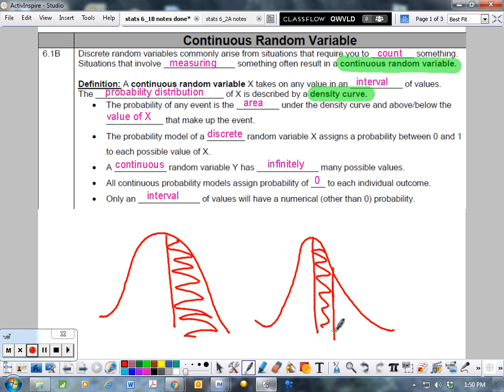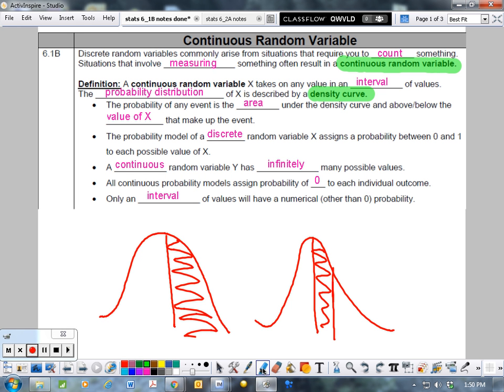Now our probability model of a discrete random variable assigns a probability between 0 and 1 for each possible value. And a continuous random variable has infinitely many possible values, which means that not every value in that interval will be represented. So pretty much it's going to be impossible to find the probability of getting one exact value.